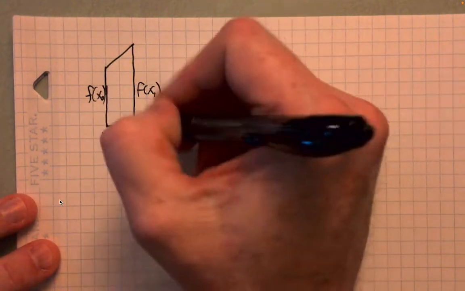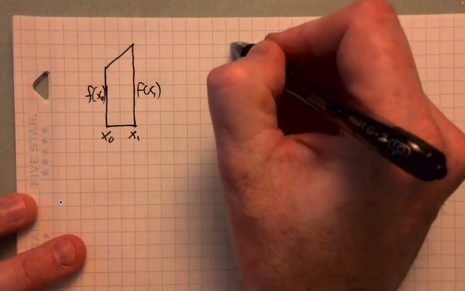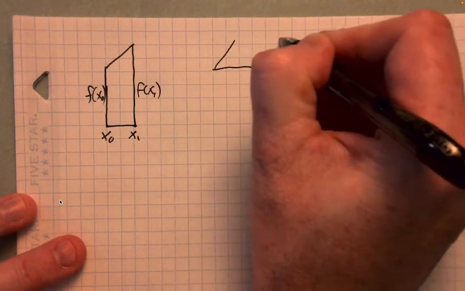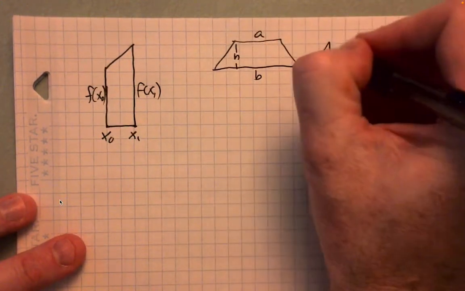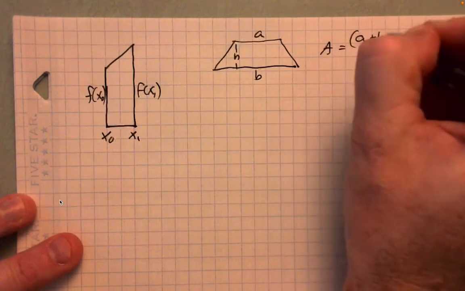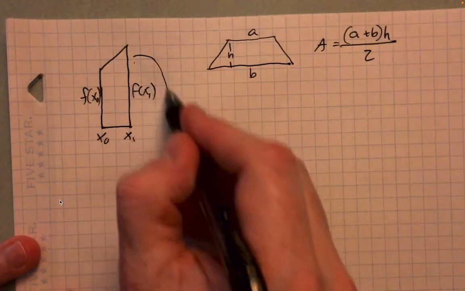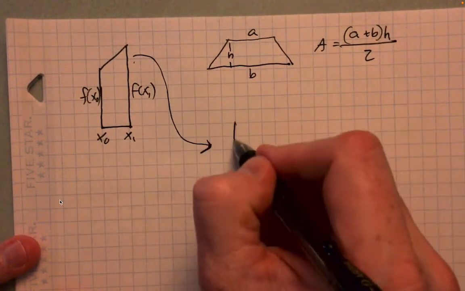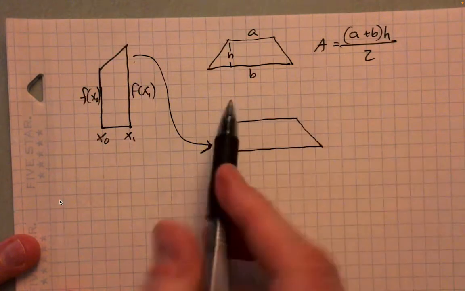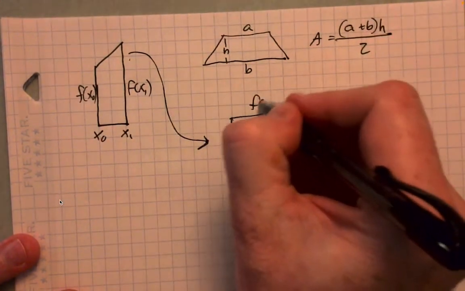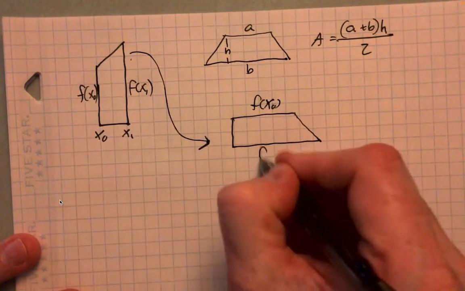Really what you want to do is imagine this on its side. In our previous generic example of the trapezoid, we had A, B, and H. We said the area is A plus B times H over 2. Well, let's take this one and write it on its side. So it's going to look like this. This side here is f of x0, this side here is f of x1.